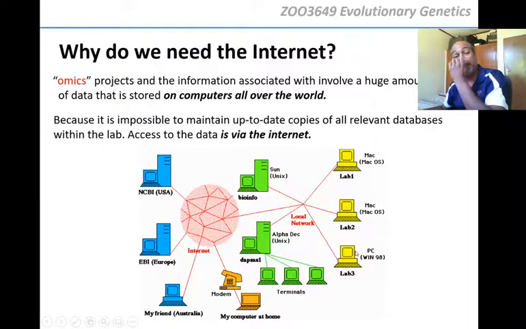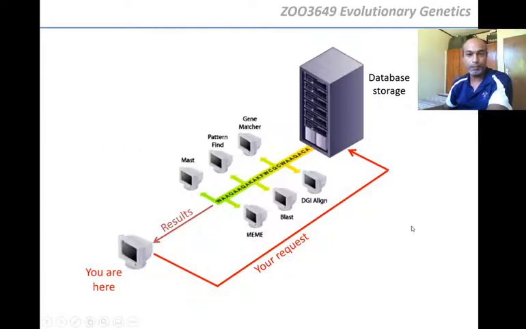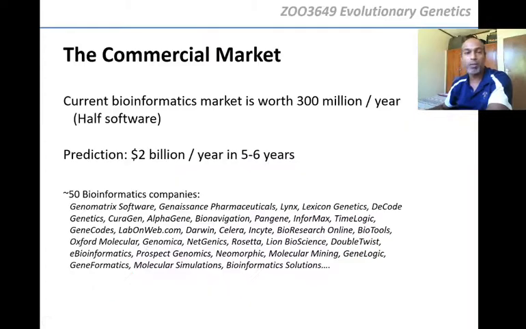So you see, any one of these computers can access the information from all the others. That's the power of the internet. When you put in a request to search a database, it actually asks other computers to do various parts of the search, and all those computers put it together and give you a result. That's the power of the internet.